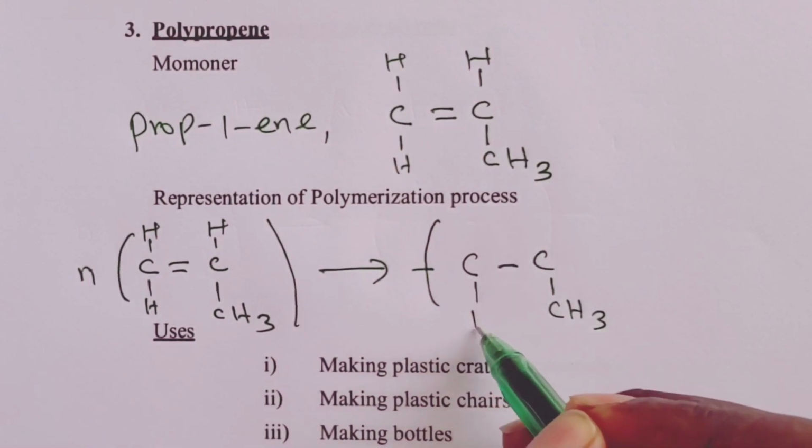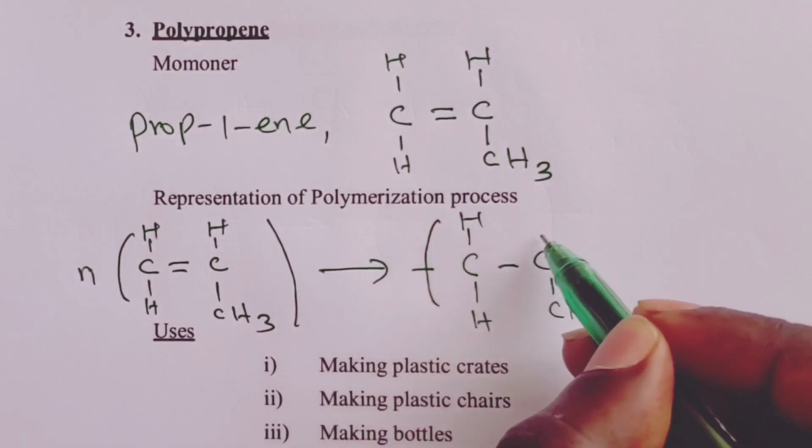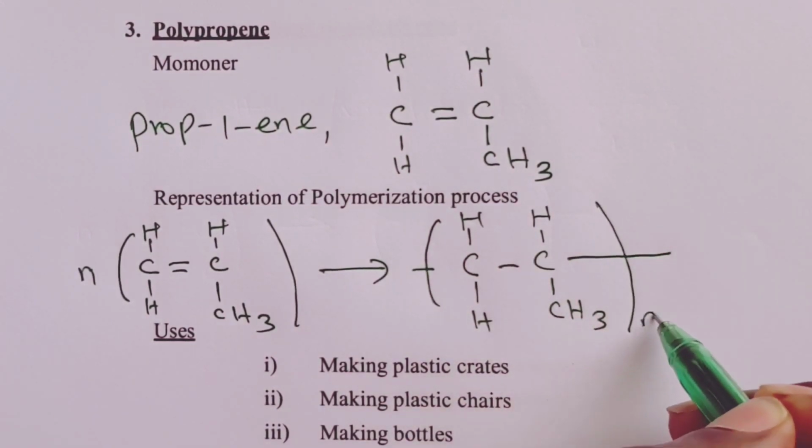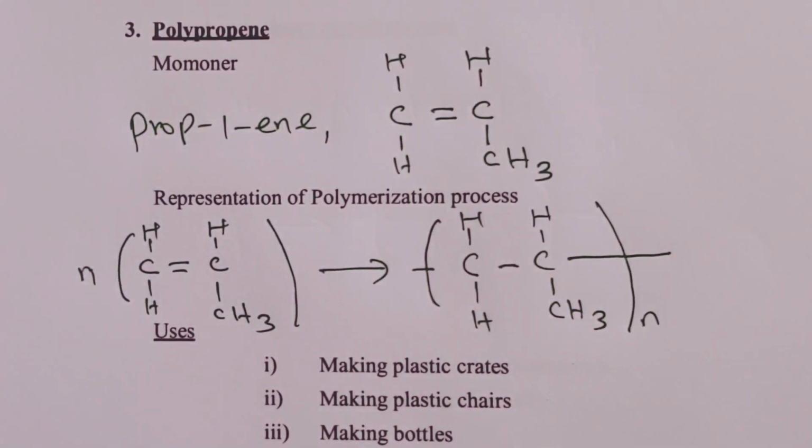Quite easy to do. You break the double bond and the chain becomes endless. So there we are. Now, polypropene is used in making plastic crates. We also get plastic chairs out of it, and even plastic bottles.